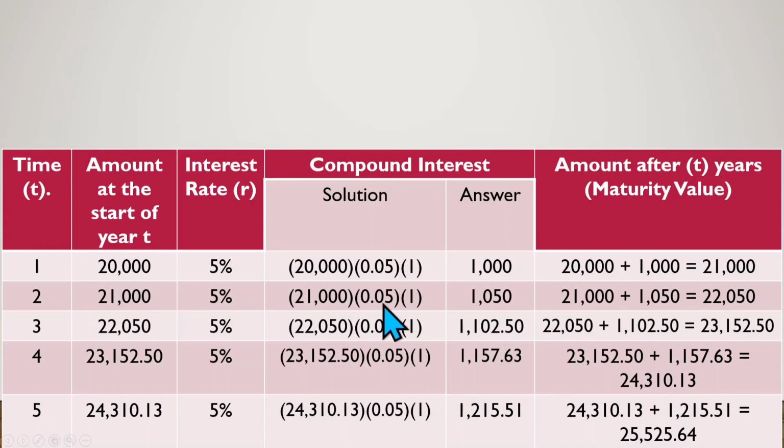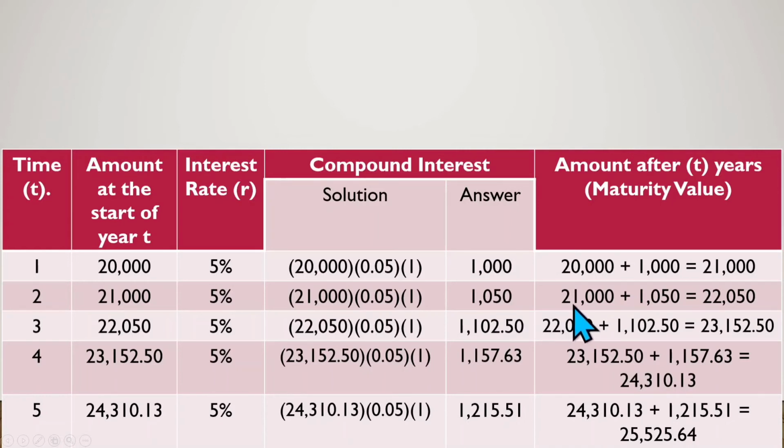So there's no need for you to multiply the principal and the rate by 2 because you're going to start again the computation on the first year. Okay? So we have 21,000 times 0.05 times 1. The interest on the second year will be 1,050.